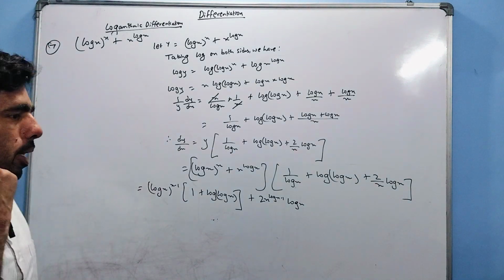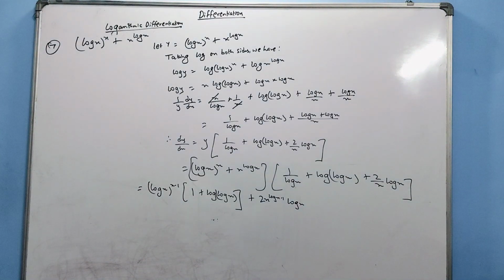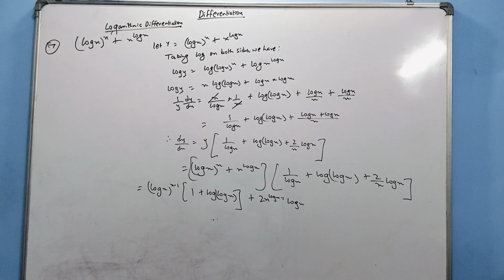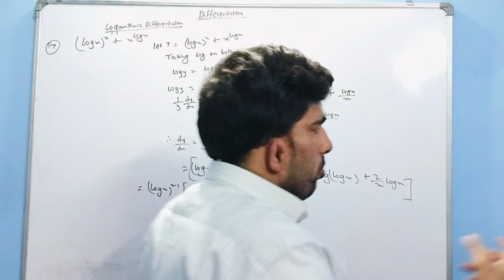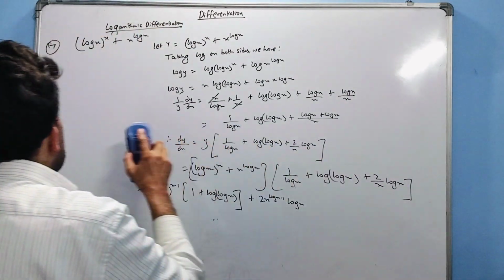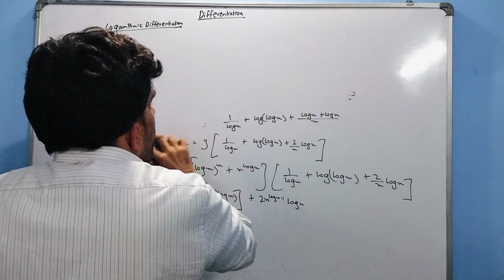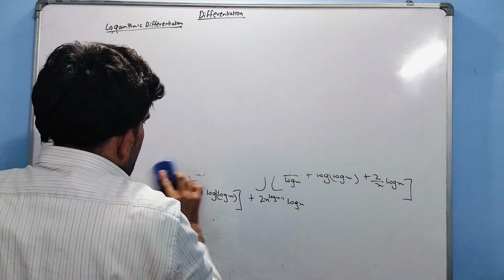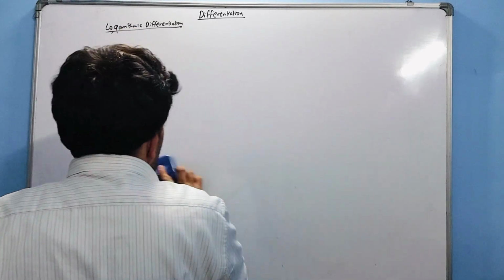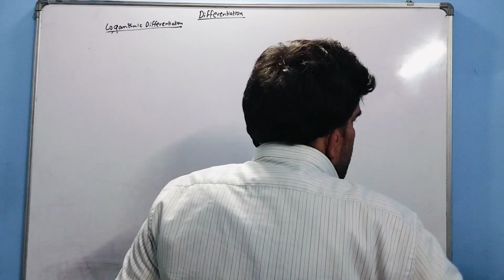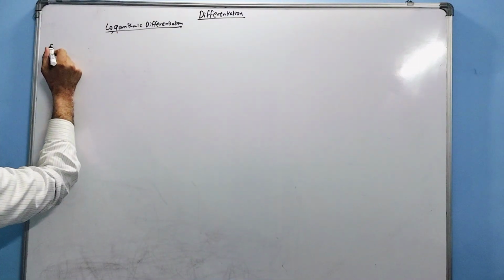Now let's try to solve 8th one. Let us try to solve the 8th question now. We have solved 7. Let's try to solve the 8th. So what we have this 8th question.